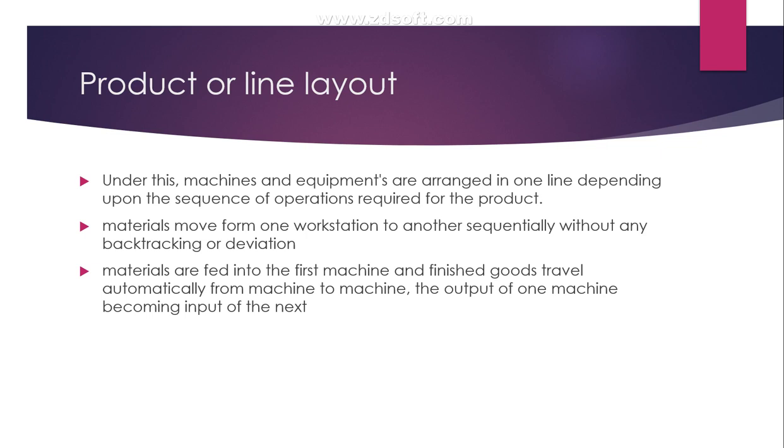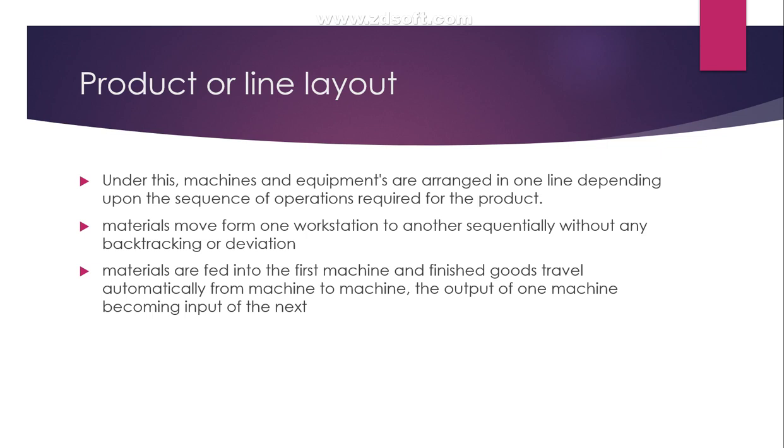For example, the first machine receives the raw materials and the last one gives the final product. The movement from one workstation or machine gives a finished product as raw material to another workstation.